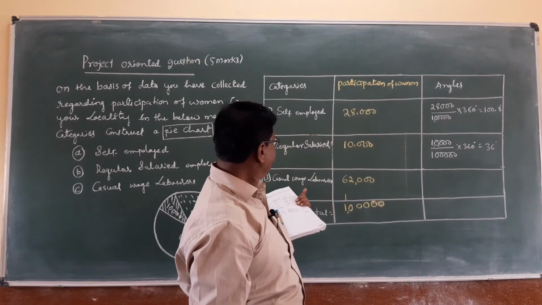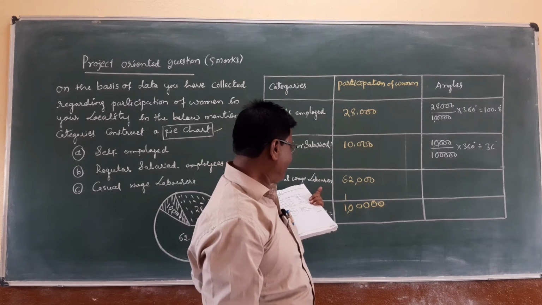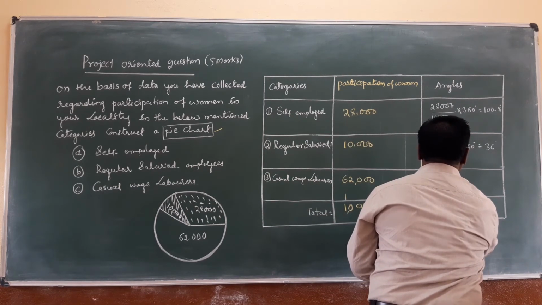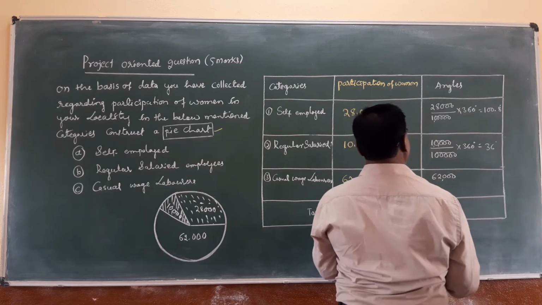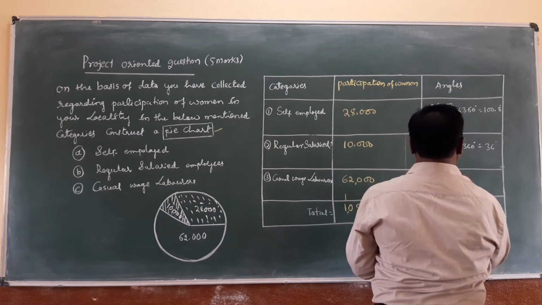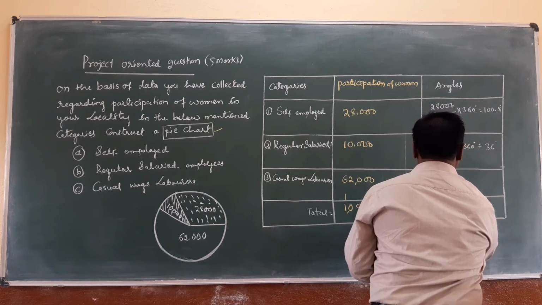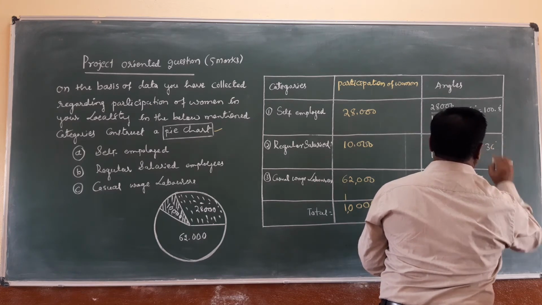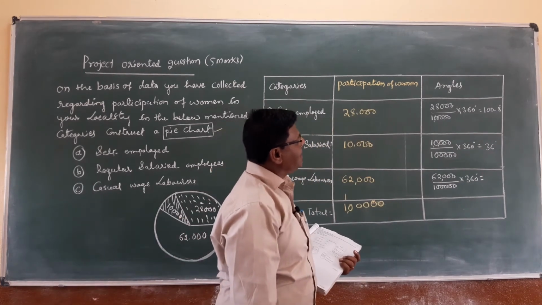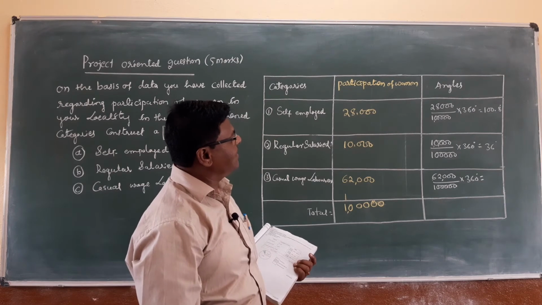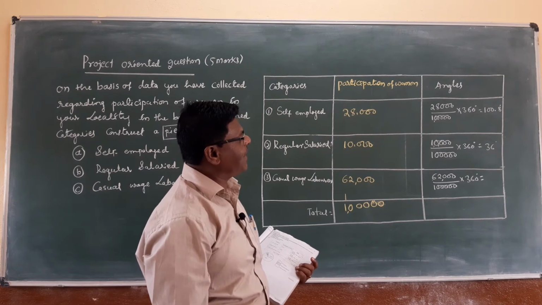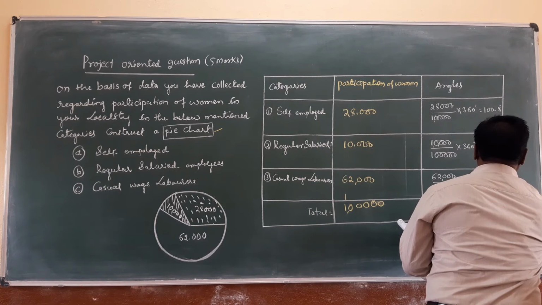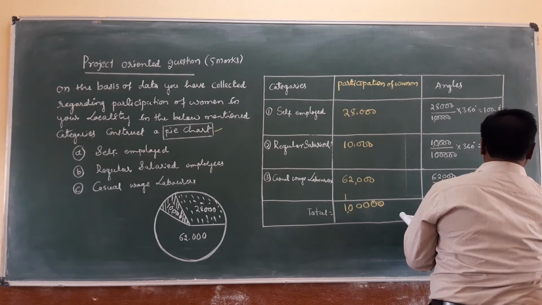And the casual wage laborers, how many are there? 62,000. 62,000 divided by 1 lakh into 360 is equal to 223.2 degrees.